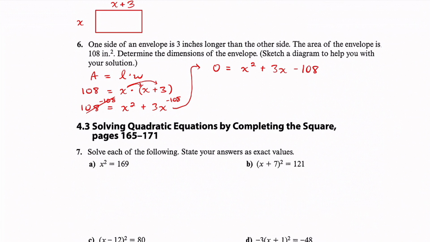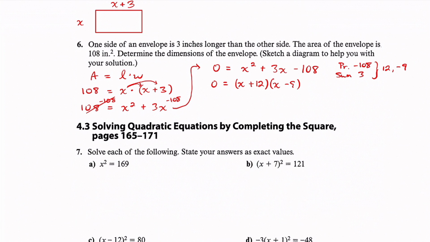And then I can factor that, so I'll do my product and my sum. So my product is negative 108, and my sum is 3. And then the two numbers that do that are a 12 and a -9. So it's just going to break apart into those two factors. So I got x plus 12 and x minus 9.